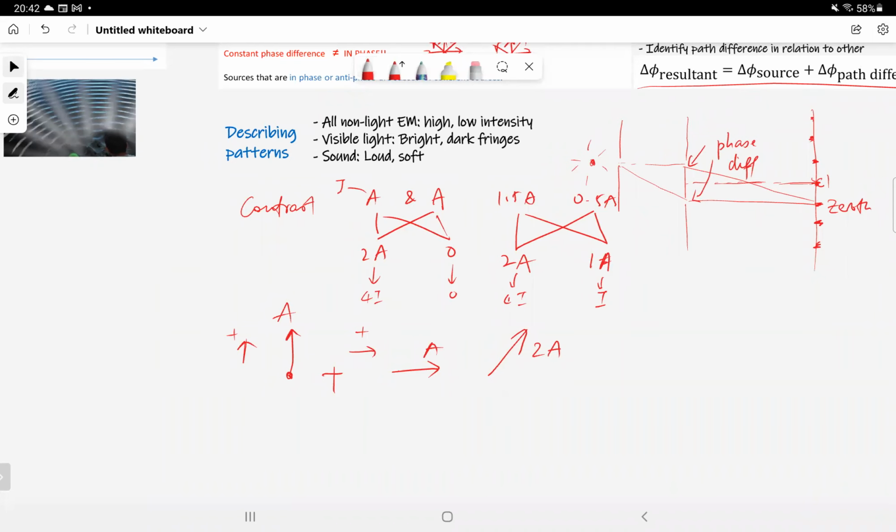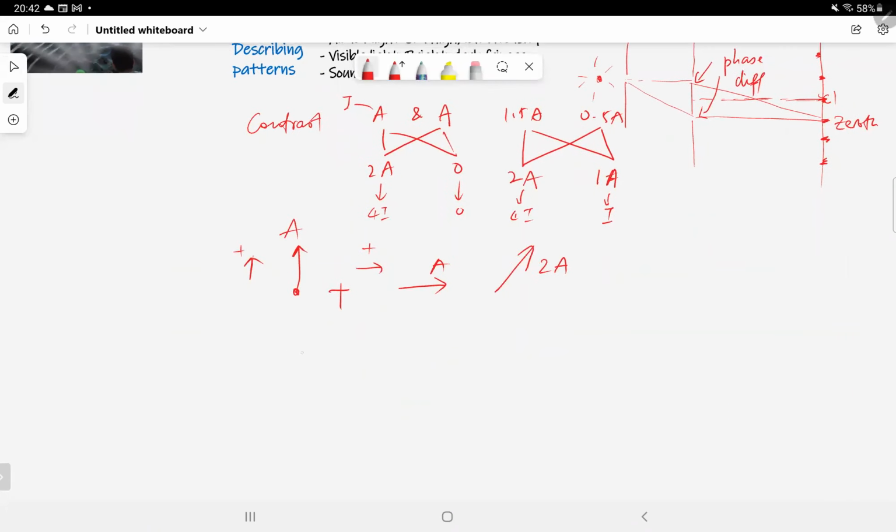But then if you have the first one as up, which is positive, the second one, according to its convention, is negative. So it's like these two are supposed to be out of phase. But you see, you add them together and you'll simply get the same thing, which is 2A as well. And in terms of intensity, this is 4I, this is also 4I.